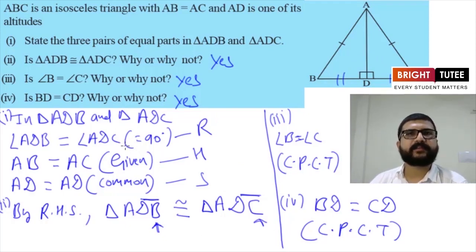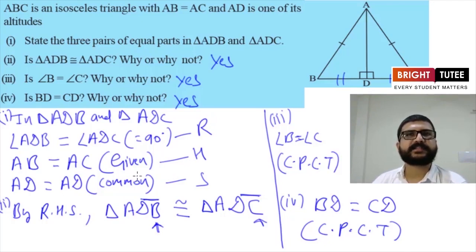So in this session we have learned one more congruency criteria, and that was the RHS congruency criteria. In this we have seen that both the triangles have to be right angle triangles and their hypotenuses should be equal, and one of the sides other than the hypotenuse should also be equal. Then by RHS criteria we can say that these two triangles are congruent, and if two triangles are congruent, we know that their corresponding parts are equal.